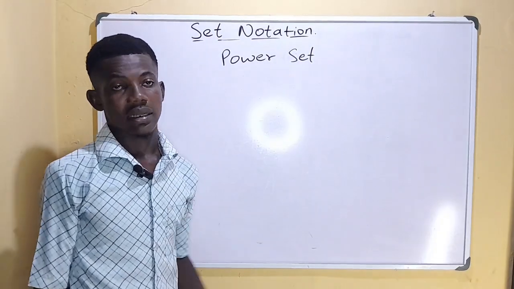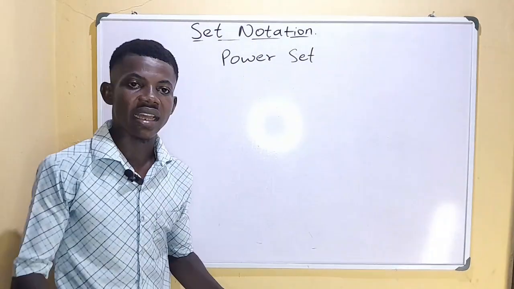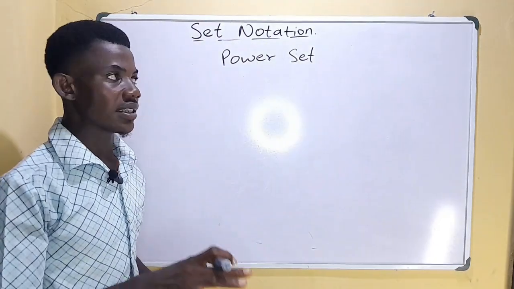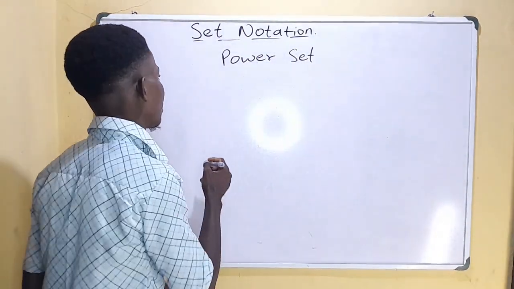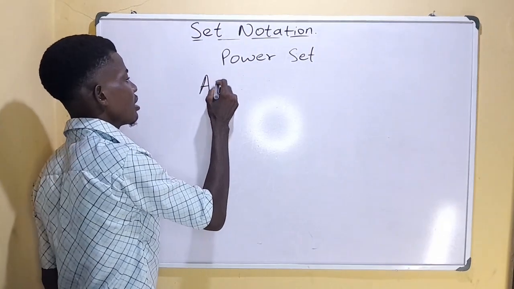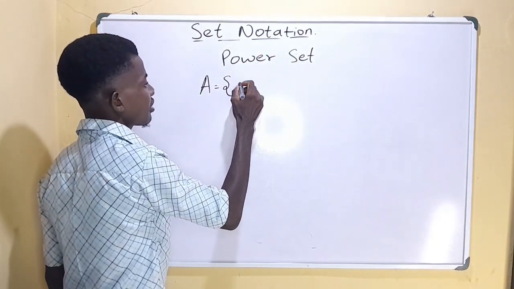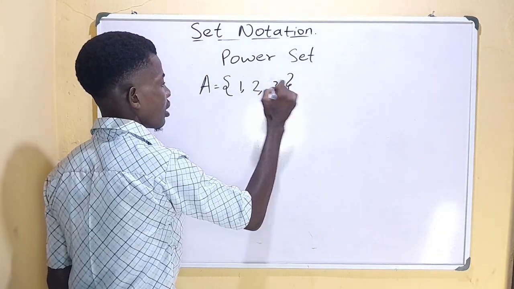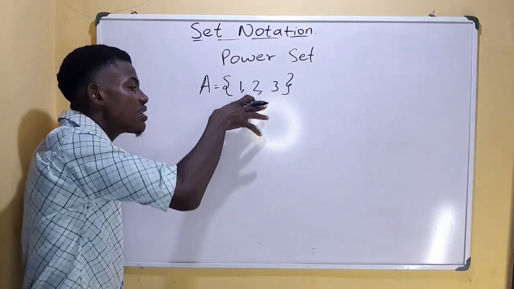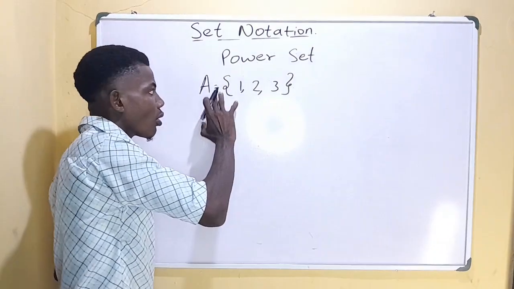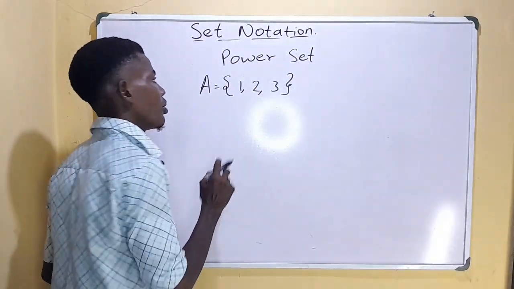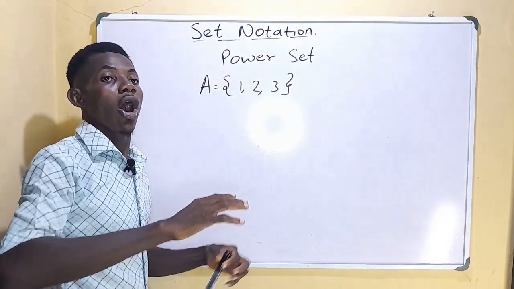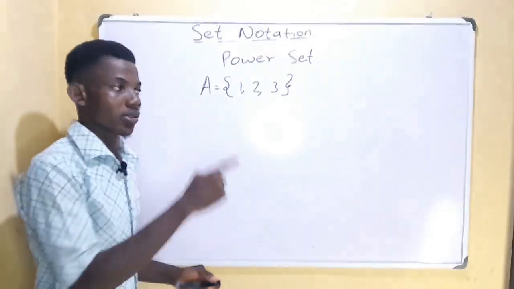Power set. Power set is a set that contains all the subsets of a given set. Let's take an example. Set A containing 1, 2, 3. Now, let's list the subsets of this set, because we know that the power set is defined as the set of all the subsets of a given set.